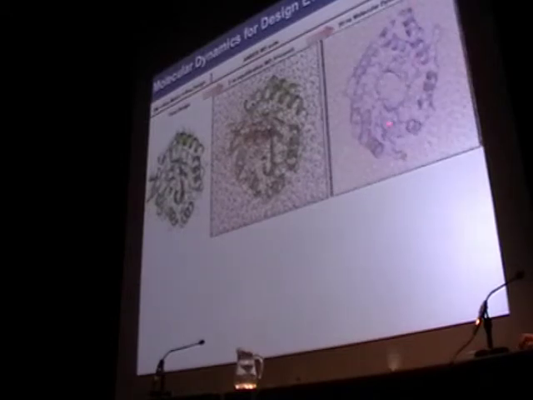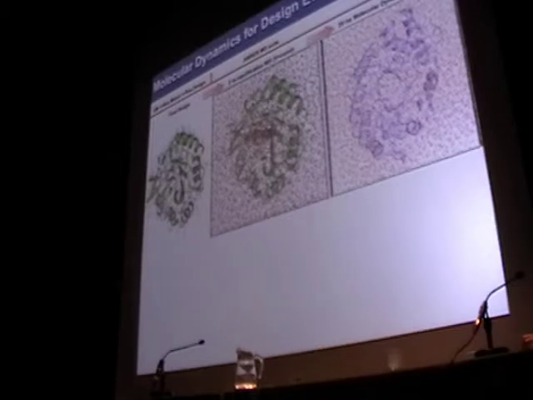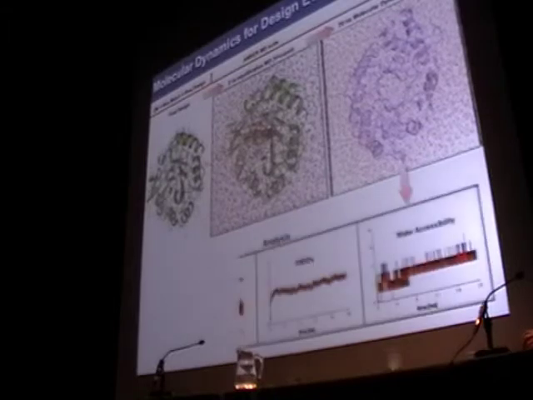So all of the atoms of the protein and the water molecules around are simulated by molecular dynamics. We do this for 20 nanoseconds, which we found is long enough to evaluate whether the active site design is maintained or not, or whether other things might happen.